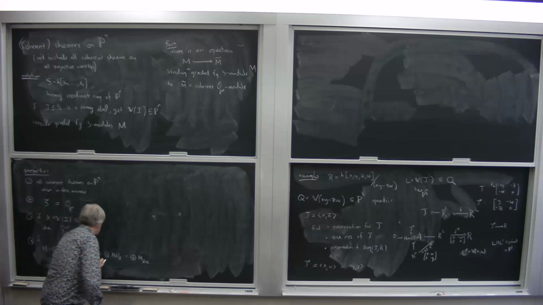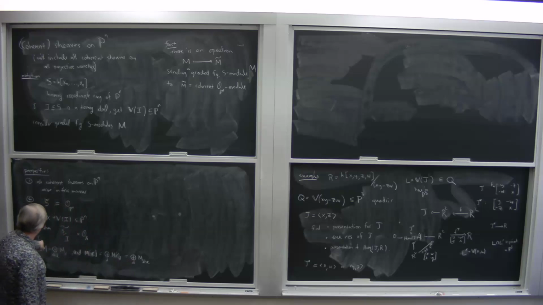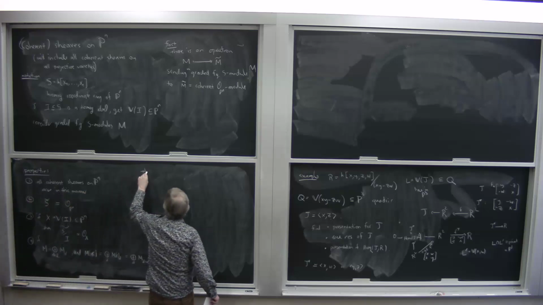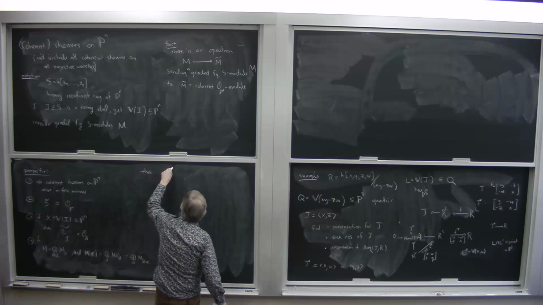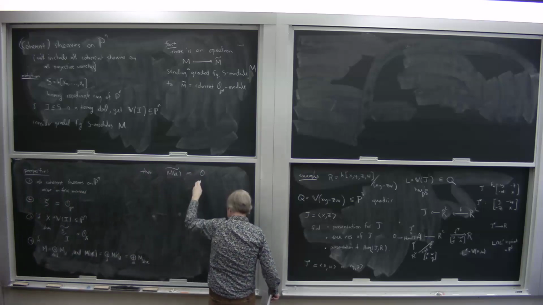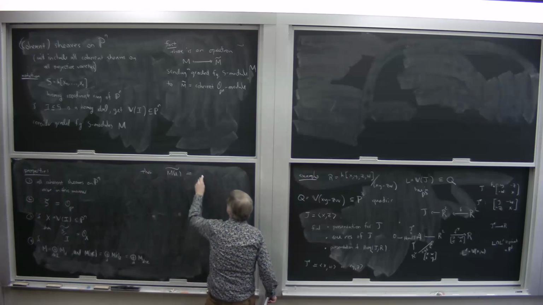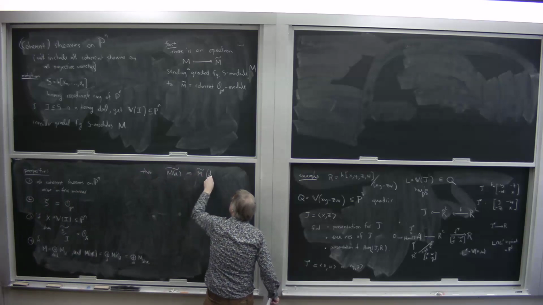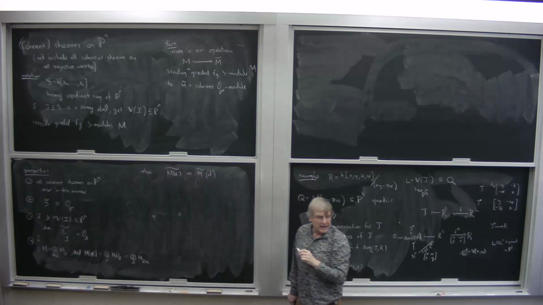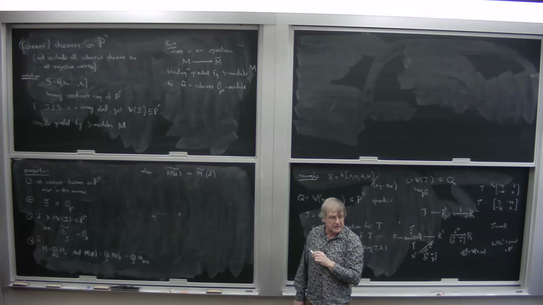If we have this, we get a new module, and the sheaf that you get from it is different. M of d tilde is equal to M tilde twisted, and there's a notion in sheaves of twisting that matches.